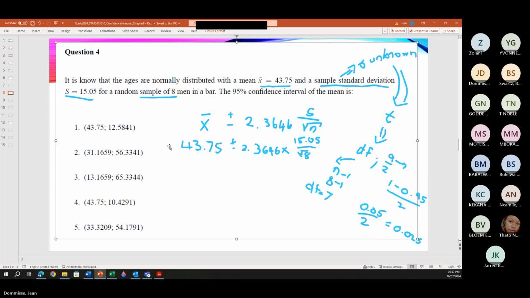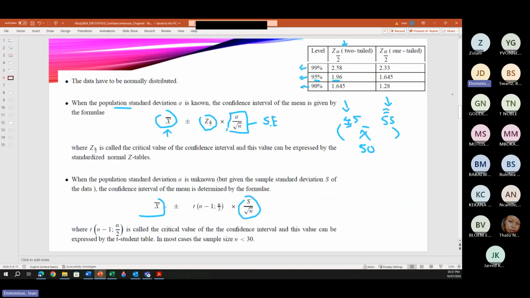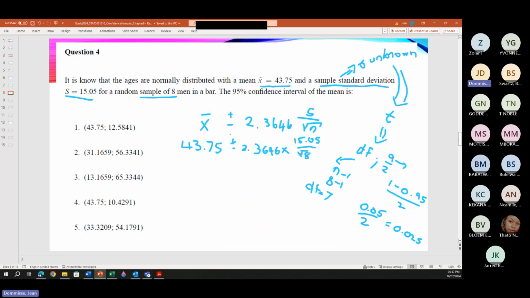Okay, so we use that formula that is part of where standard deviation is unknown. So it's still the mean plus minus the t that we've worked out times the standard error. So in this instance, we just use the sample standard deviation as they've given it to us.